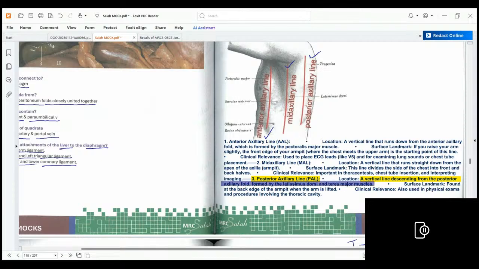Good, it is easy. Anterior axillary line is a vertical line that runs down from the anterior axillary fold, which is formed by the pectoralis major muscle.